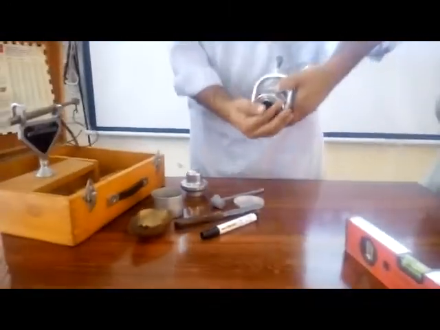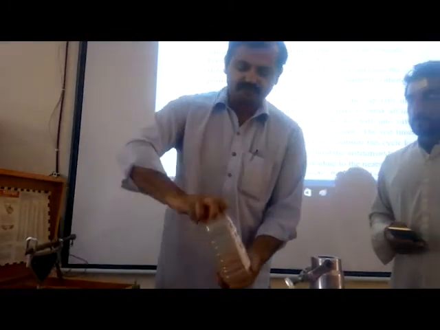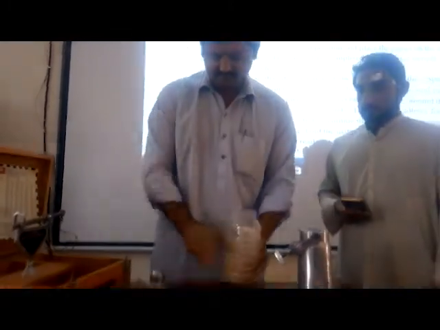So guys, when these two lines coincide, we will take the soil sample. They are almost coincident with each other.